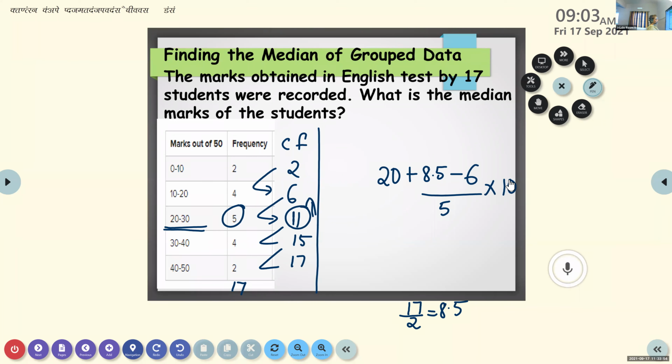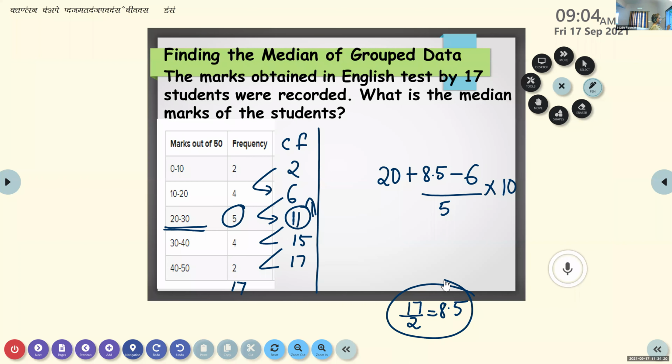So once more, please understand what all things we have taken into consideration. First thing, we have to get the median class. How to get the median class? N by 2. Find the median class, lower limit, take that. Then N by 2, already we have got, that is 8.5.